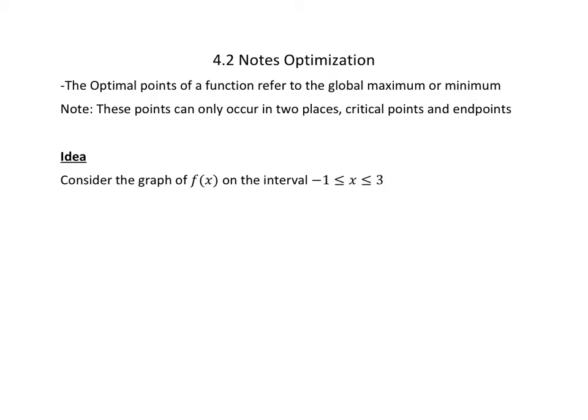So to understand this idea, let's begin by looking at a graph. We're going to consider the graph of some function f of x on the interval from -1 to 3. So let's consider this graph. Here's x, and we're going to graph f of x, and we're going to look at from -1 to 3.